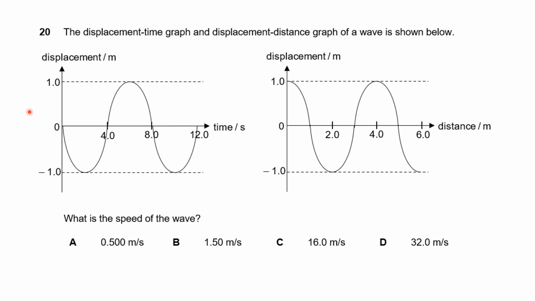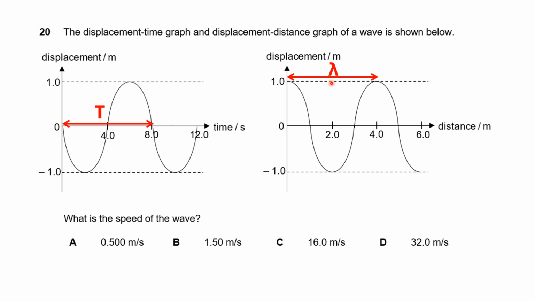Then as for 20, we've got a displacement-time graph and a displacement-distance graph of a wave. So over here you can see the displacement-time graph and displacement-distance graph. So we can find out the period, which is one cycle here, 8 seconds, as well as the wavelength, lambda, 4 meters.